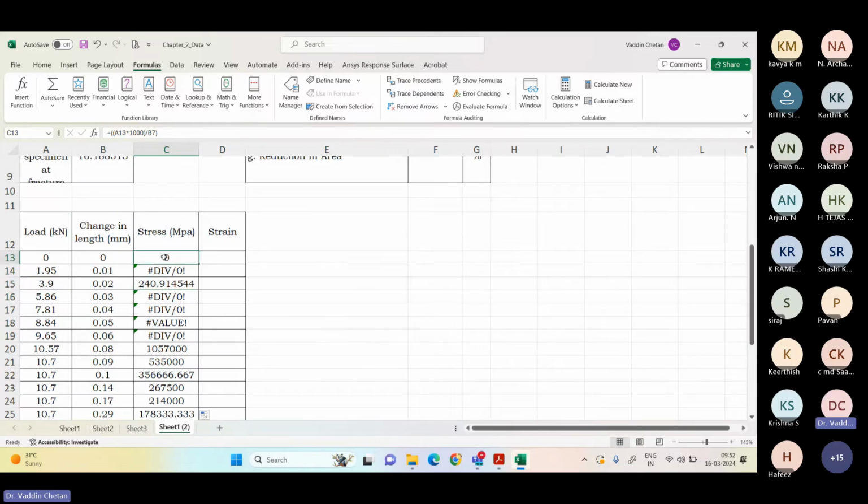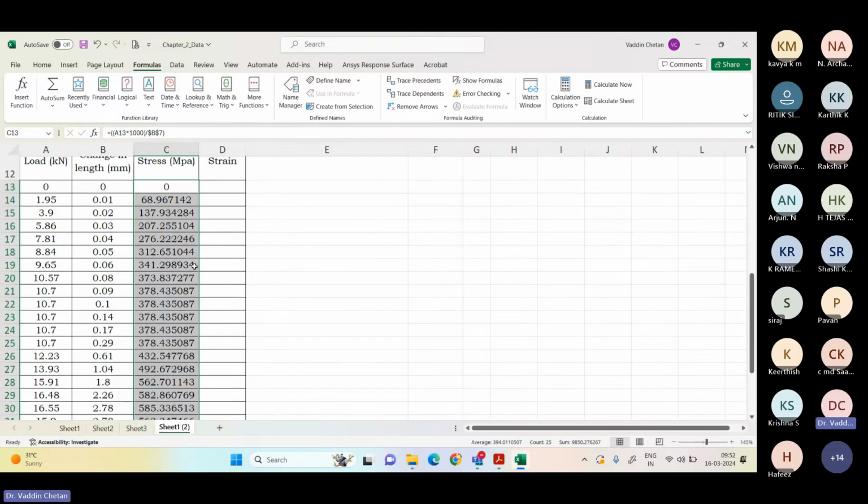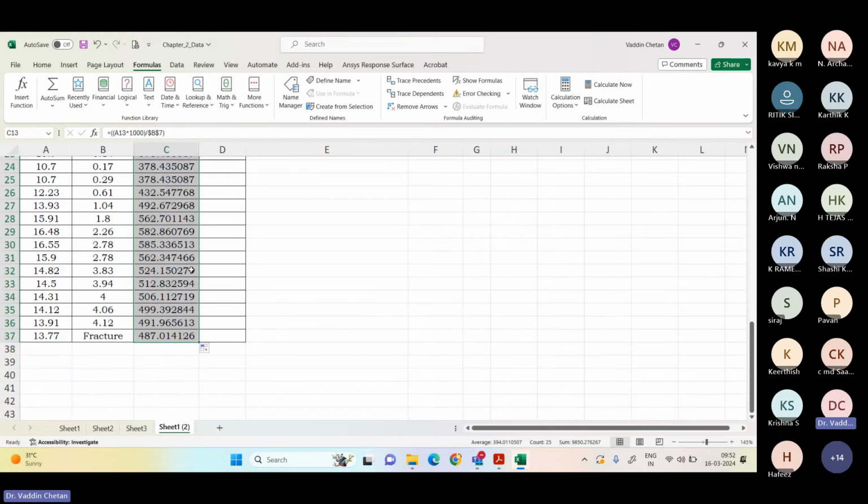So I need to make this B7 an absolute reference, because for all those cells in which you execute the formula, this area remains constant. So I make it absolute positioning, and then I got all my stress values.